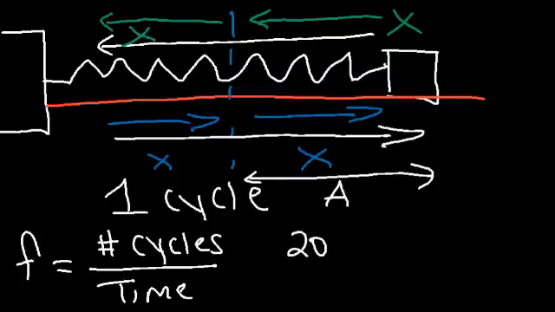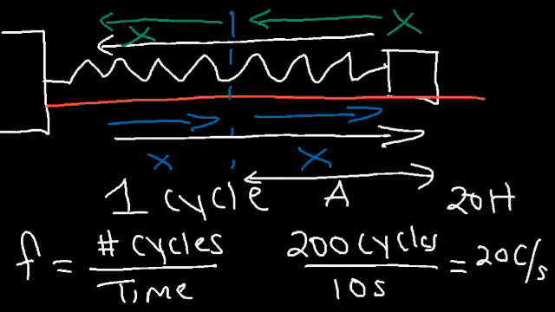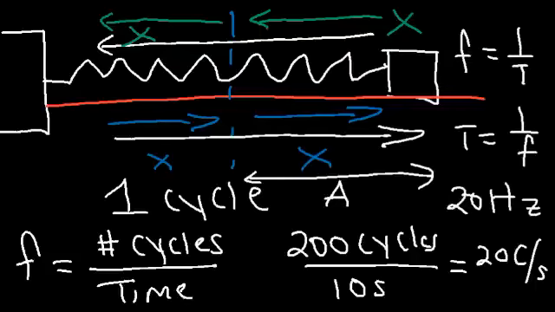So if it makes 200 cycles in 10 seconds, that means that it's doing 20 cycles in 1 second. So the frequency is 20, or 20 hertz. Hertz is the unit of frequency. Now, frequency and period are inversely related. The frequency is 1 divided by the period, and the period is 1 divided by the frequency.